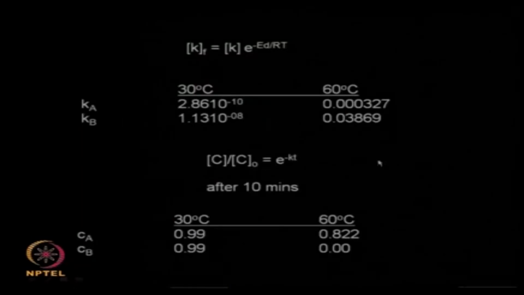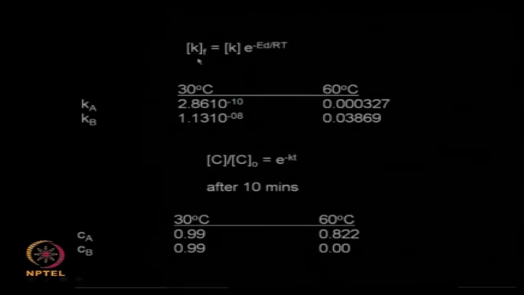That is how temperature affects deactivation kinetics, and generally it is reasonable to assume an Arrhenius type of dependence for deactivation of proteins or enzymes, and we generally assume a first order type of relationship for the deactivation kinetics. So these two equations are valid for most of our enzyme deactivation kinetics.